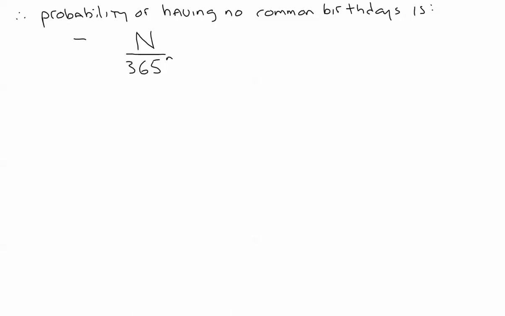So the numerator is the number of ways that we can have birthdays when there are no coincidences. The denominator is the total number of ways that little n number of people can have birthdays, regardless of whether or not there are coincidences. Plugging in capital N from the previous page, we have 365 factorial divided by 365 minus n factorial times 365 raised to the nth power.